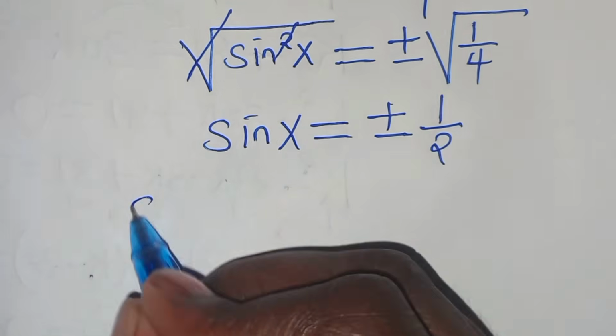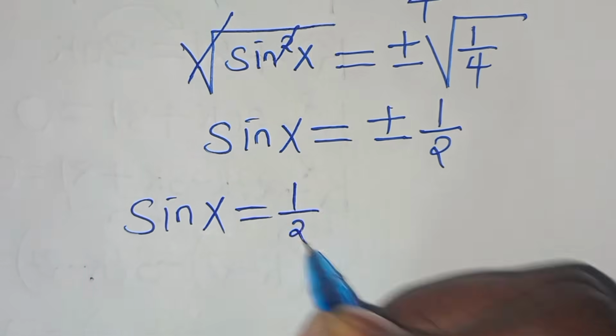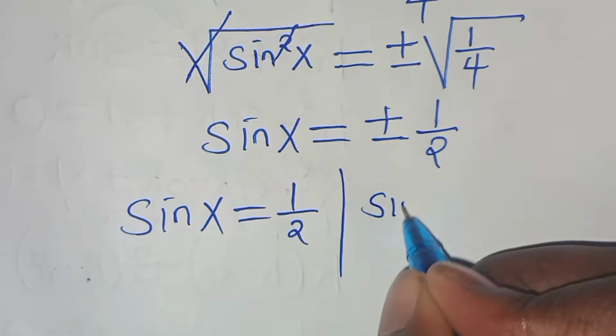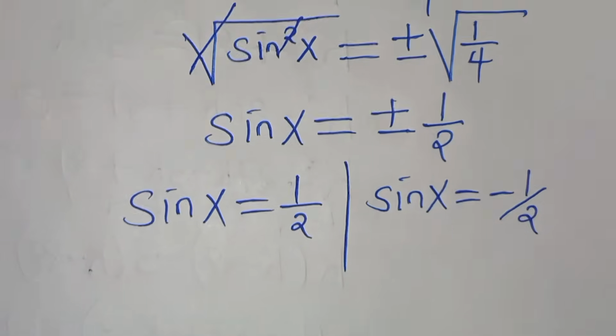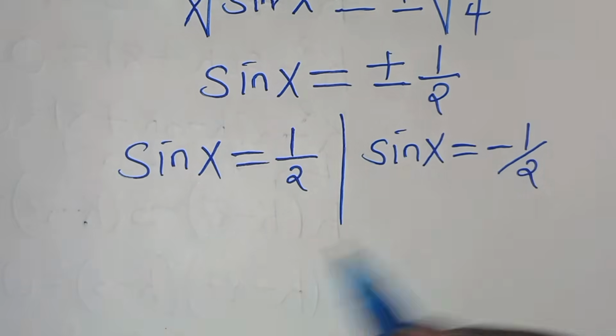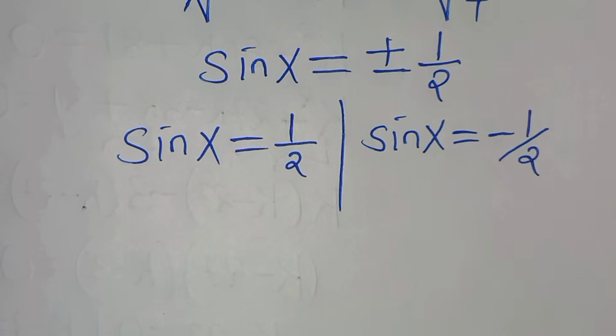Now, we have that sine x is equal to a half, or sine x is equal to negative a half. Now, the next step is, let's have a graphical representation of the xy plane.